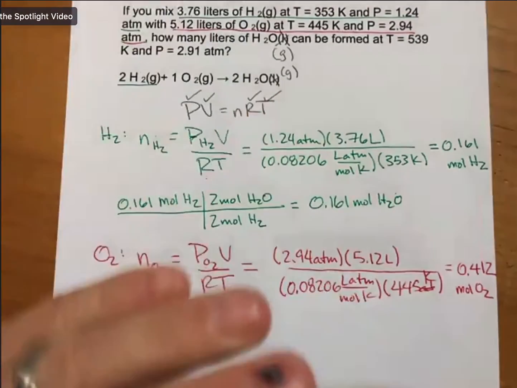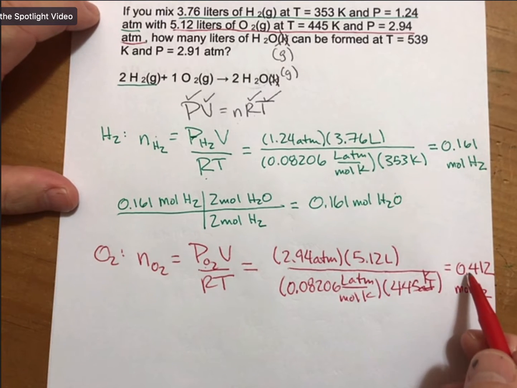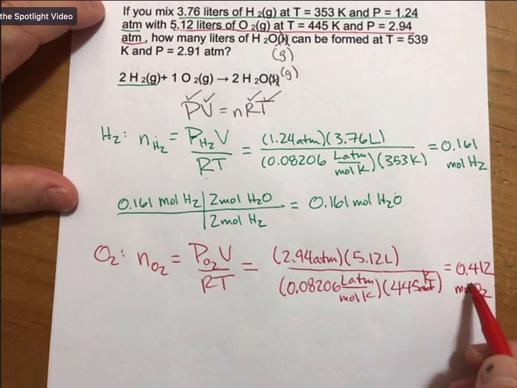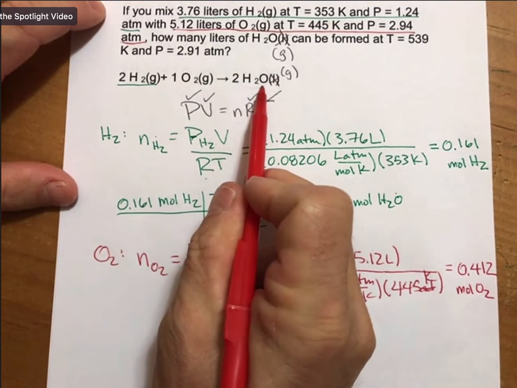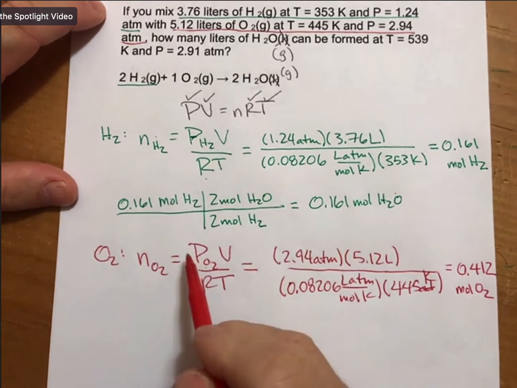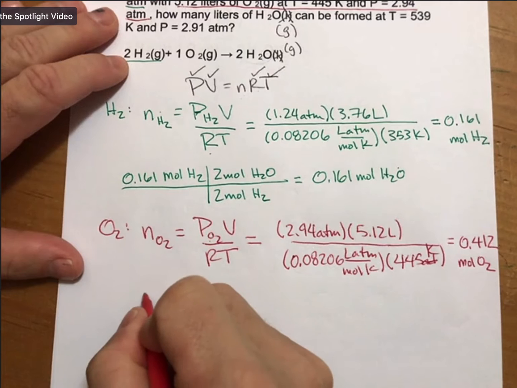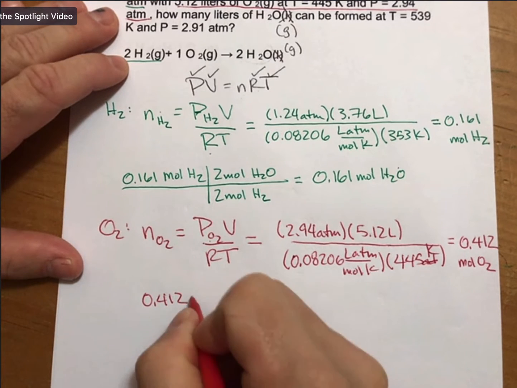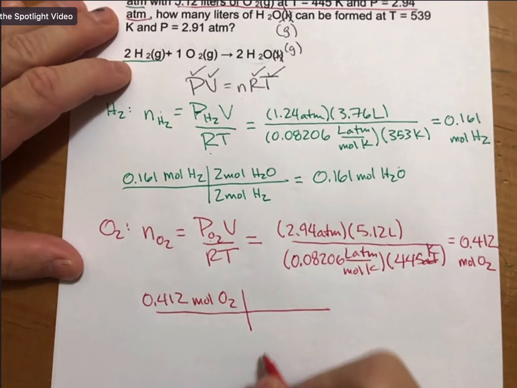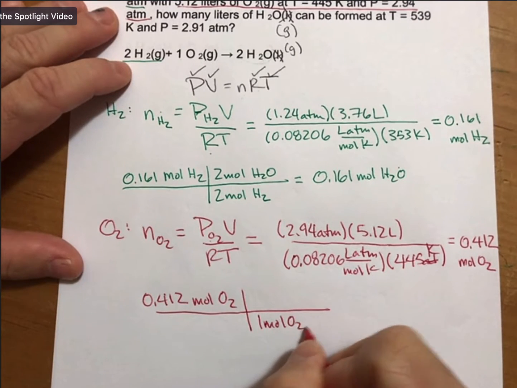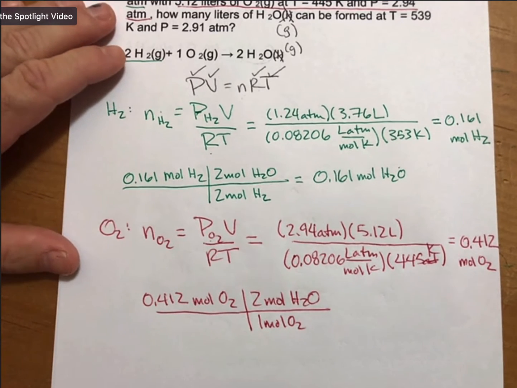And I can already tell that since I have more moles of oxygen, and I only need 1 mole of oxygen for every 2 moles of H2O, that oxygen is not going to be my limiting reactant. But let's work it out. 0.412 moles of oxygen. Now it's 1 mole of oxygen for every 2 moles of H2O.